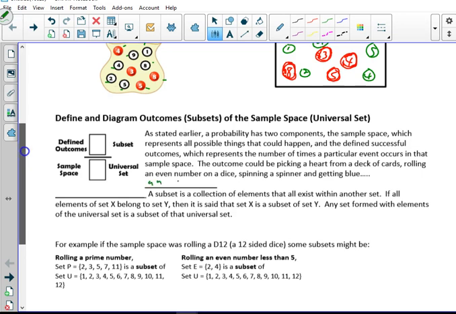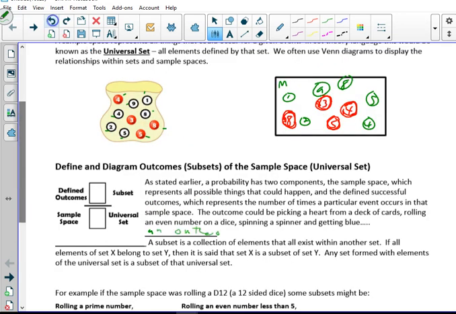Basically, an outcome is simply a subset of the universal set.